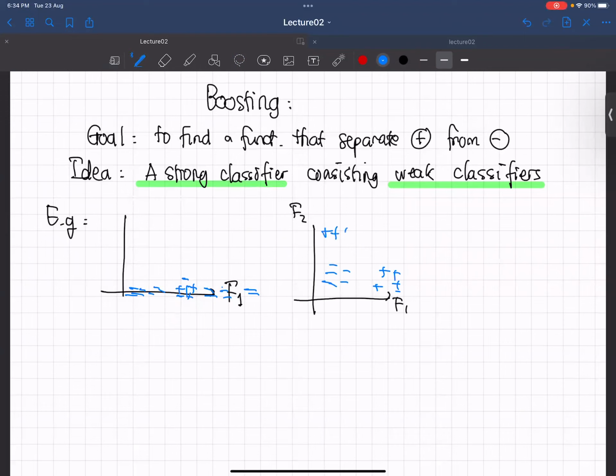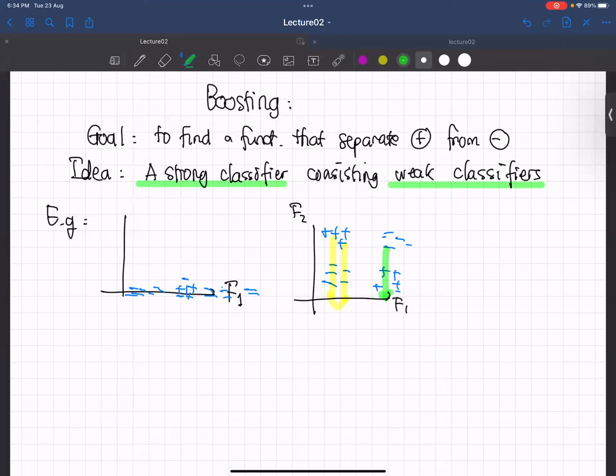And then positive is here, and negative is there. So if you use F1 alone, this positive and negative will occupy the same space. So that's why you cannot separate them. Right? So this one also will occupy the same space from the F1 perspective.